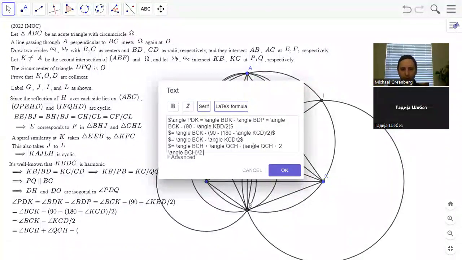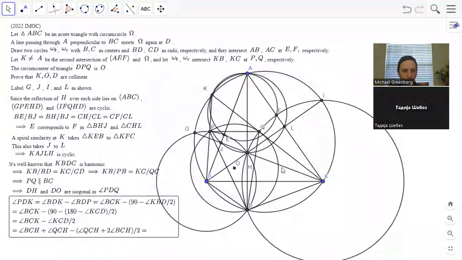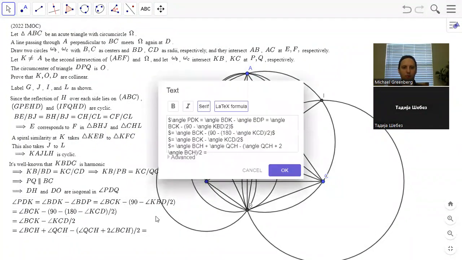Okay, so yeah, it simplifies a lot, because once you divide by 2, a lot of stuff cancels and you just get QCH over 2.